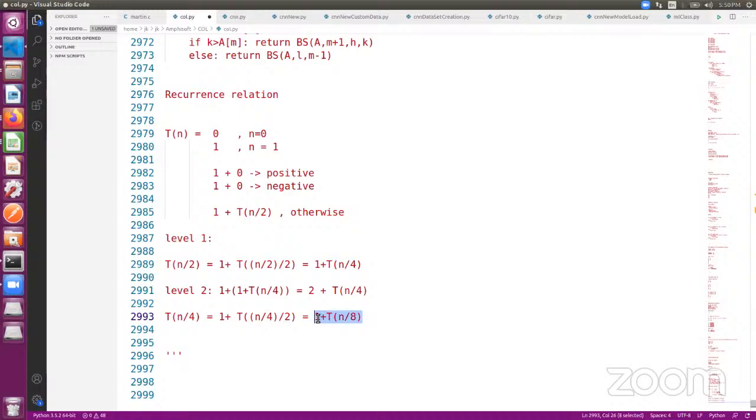Now just substitute this 1 plus T of n by 8 in this T of n by 4. That would be your level 3. So 2 plus, in place of this T of n by 4, substitute this 1 plus T of n by 8, which would become 3 plus T of n by 8.